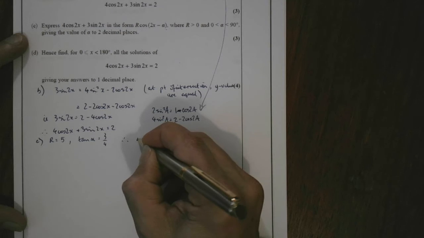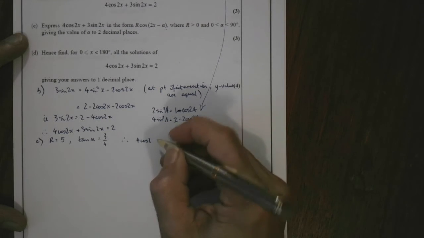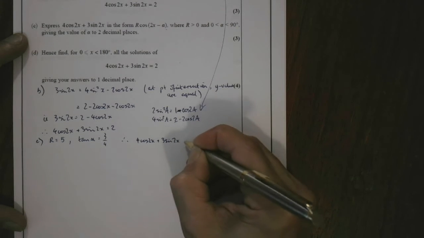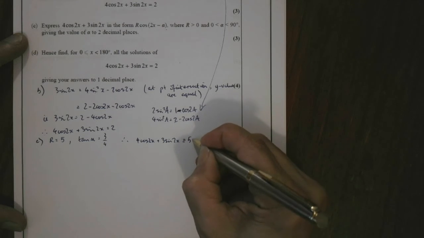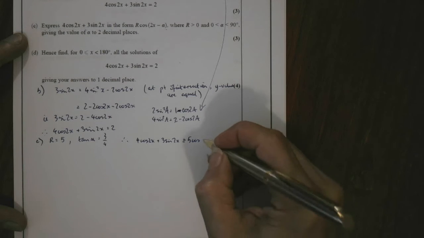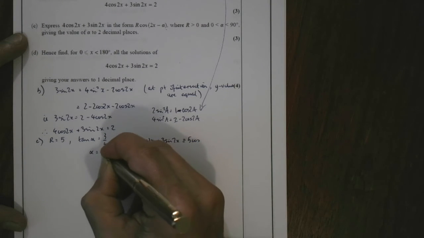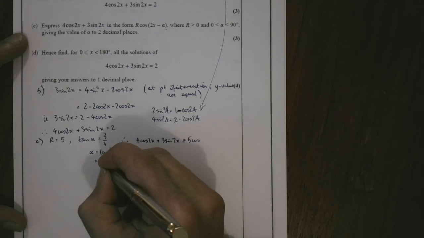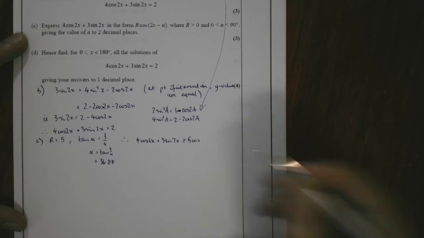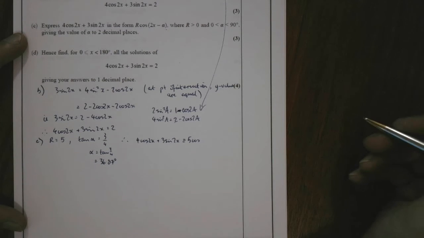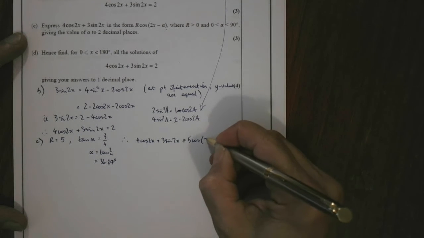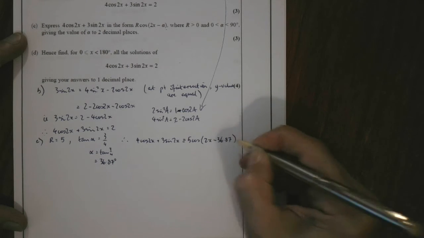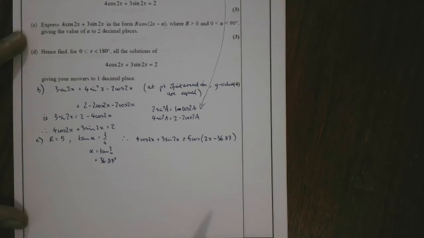Therefore 4 cos 2x plus 3 sine 2x is identical to 5 cos, let's write alpha equals tan minus 1 of 3/4, and that's in degrees, so that's 36.87, or 36.8699 if you want 4 decimal places. So 5 cos of 2x minus 36.87, and we're done. 3 marks, piece of cake.